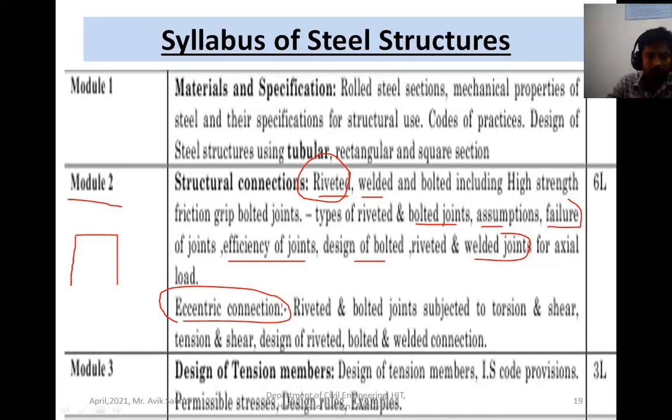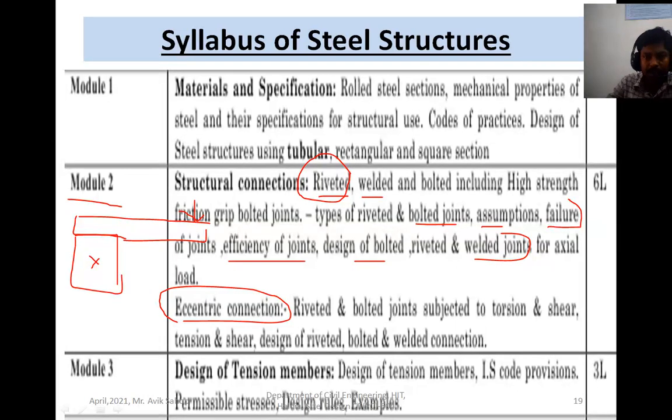Like you see here, one load is applied, and the CG point is the center of gravity point. So the load is applied far from the joint. Such a connection is called an eccentric connection, which means a moment is developed.